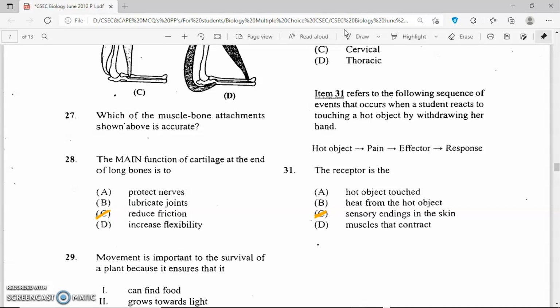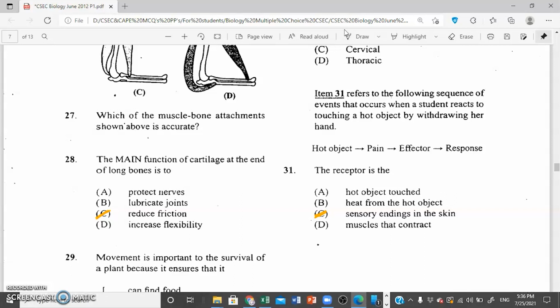The receptor here is the sensory endings in the skin, which detect the pain due to heat and send an impulse to the central nervous system. As a result, a response is sent to an effector, which is the muscles of the arm, so that she can pull away her hand.